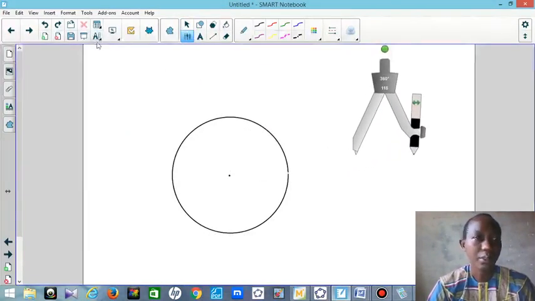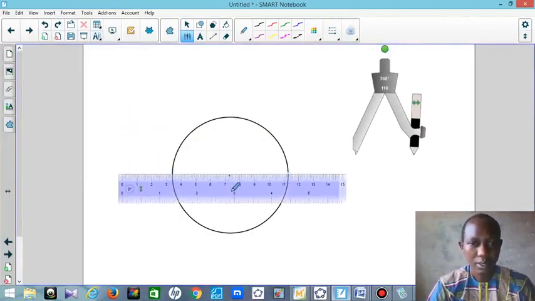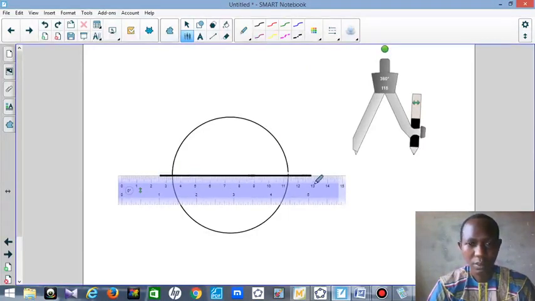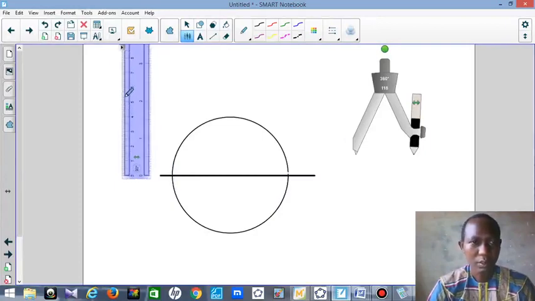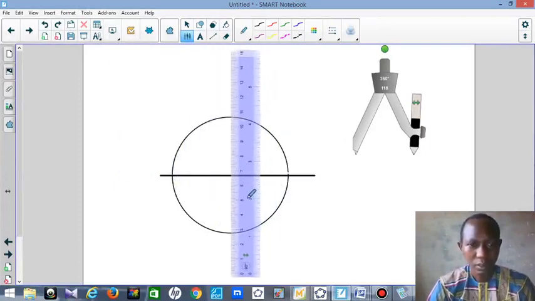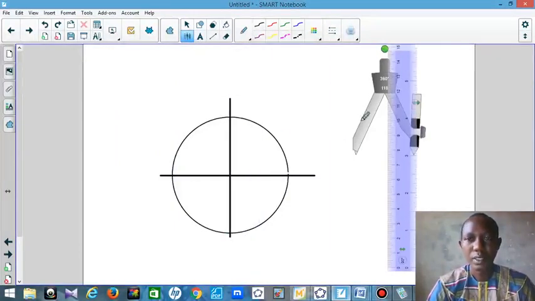Then you get your ruler and just make it neat. This is your center. Okay. Then this is all you need.